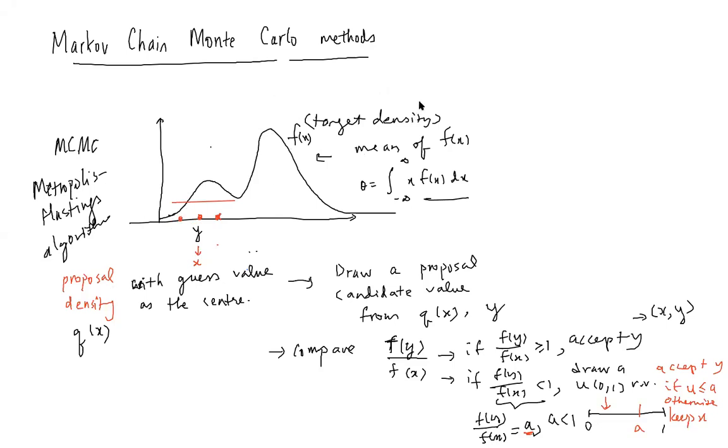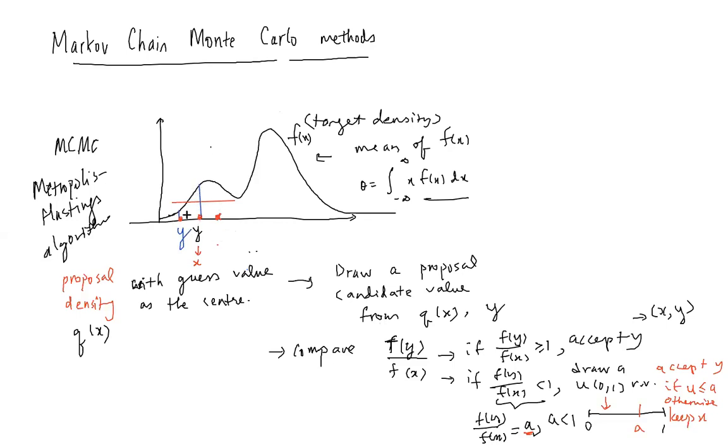Okay. So then, okay, we have already drawn that. All right. So now this is our Y. Okay. So then we compare, right? So we find the height of the target density evaluated at those two positions, right?